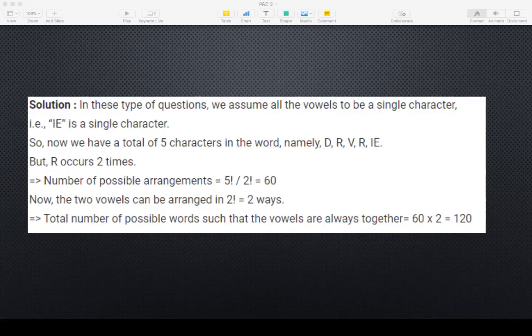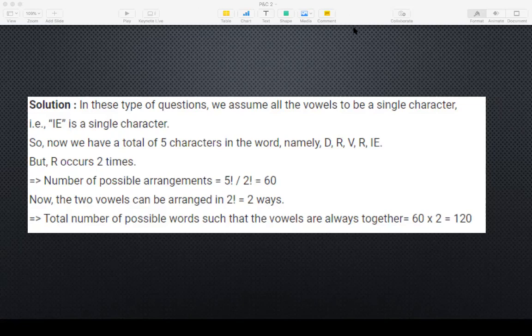So since I and E can be arranged among themselves in 2 factorial ways, we cannot make them sit in different positions, but we can arrange them in their positions itself, in 2 positions. So we get a 2 factorial for that. So the final answer will be 60, which we got before, into 2 factorial. So the final answer becomes 120.